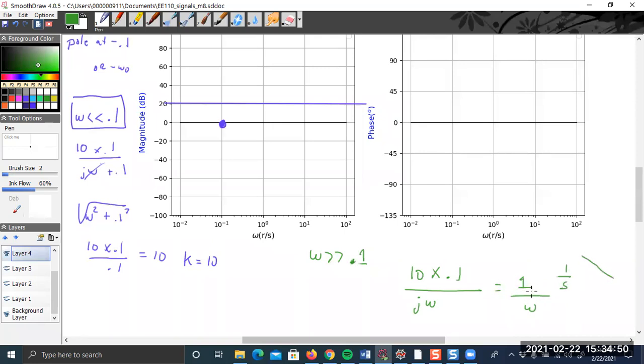Where's 0 dB? When omega equals 1. So let's put that here. Right, that's 0 dB. And it's a straight line with a 20 dB slope per decade. So that's down 1 over a decade. Down another 20 dB over a decade. All right. And then I can go this way.